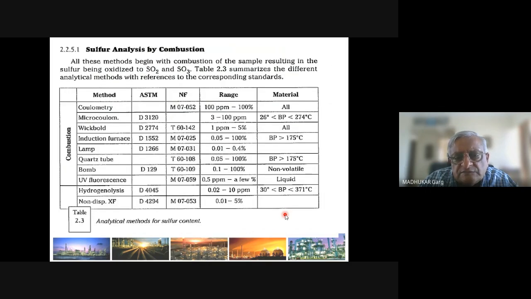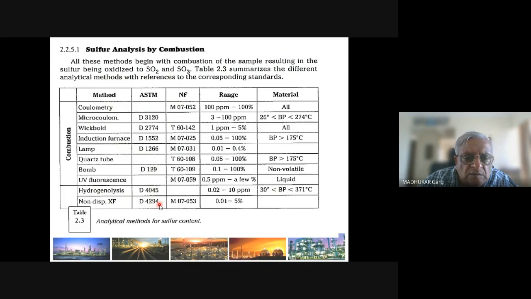Sulfur analysis, of course, has been researched for a long time, and this is one analysis which was done right from the time the refining industry took birth. There have been many methods by which sulfur has been analyzed, but today UV fluorescence or non-dispersive XRF are the two major methods used.